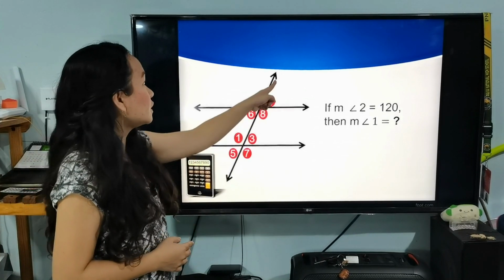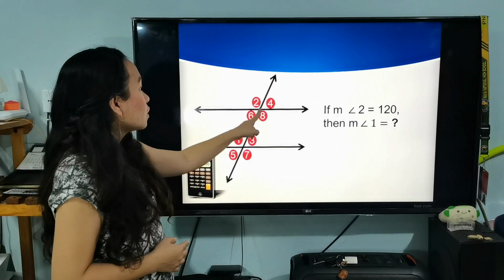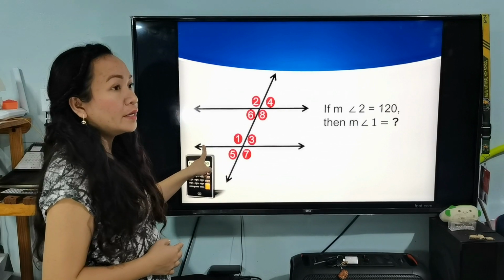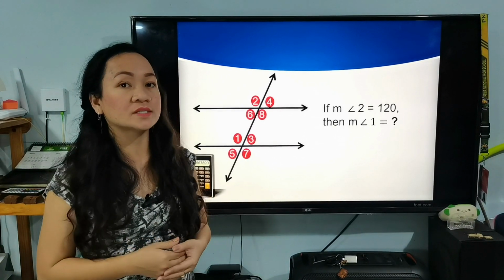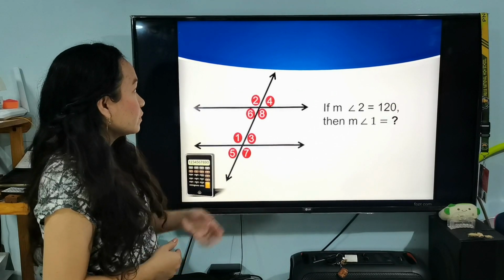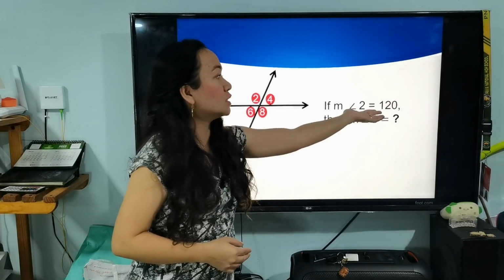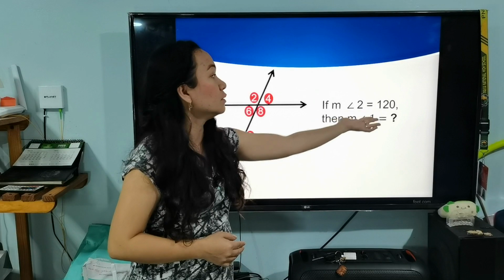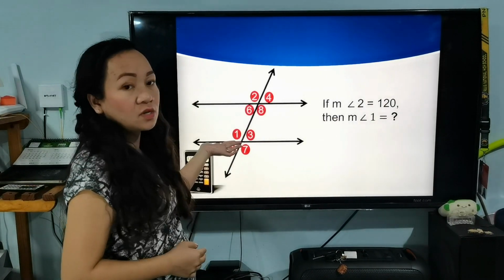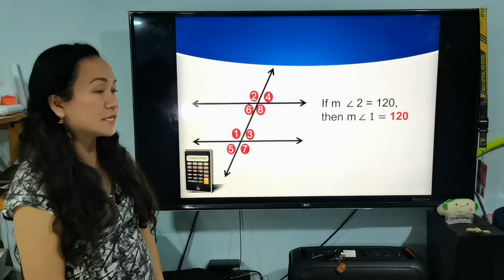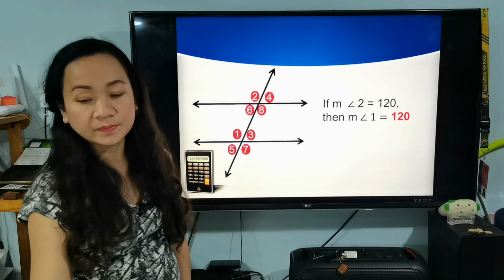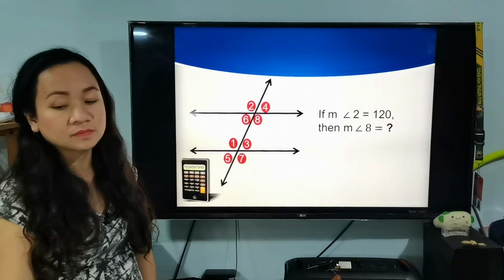Since angle 2 corresponds to angle 1, and again, all corresponding angles are always congruent, if angle 2 is 120 degrees, then angle 1 is also 120 degrees.